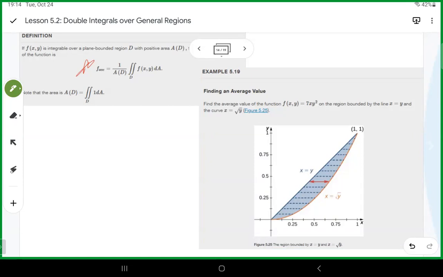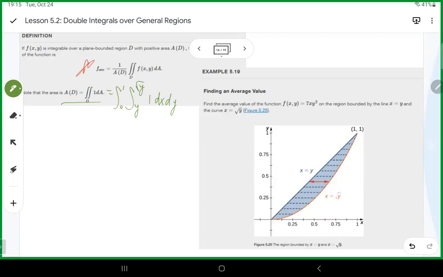All right, so first we find the area where region D is given by the figure. So we would have this part equal to 0 to 1, y to square root of y, 1 dx dy.